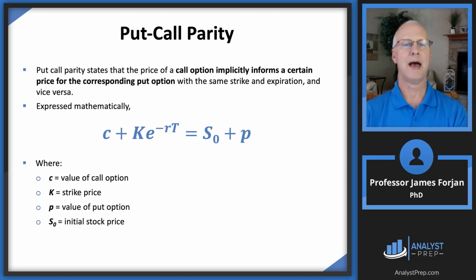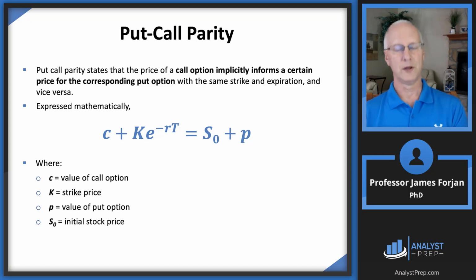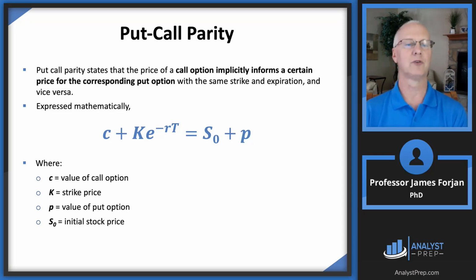There it is mathematically. The C stands for the call premium. The P stands for the put premium, and notice that they're on kind of opposite sides. The S stands for the stock price. In this particular version of put-call parity, we're assuming that the call and the put are written on a share of stock, and they both have to have the same exercise price.